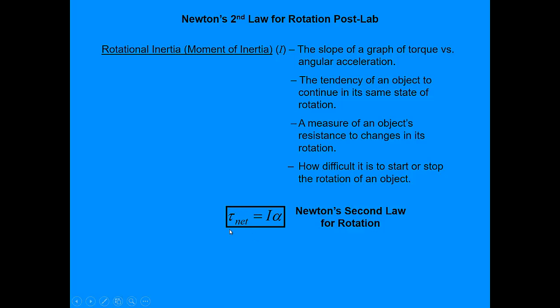For example, torques are harder to calculate than forces, because not only do you need to know how much force, but you need to know where that force is applied. And as you're going to see over the next week and a half, rotational inertias can get quite complex to figure out, especially compared to mass, which is relatively simple.